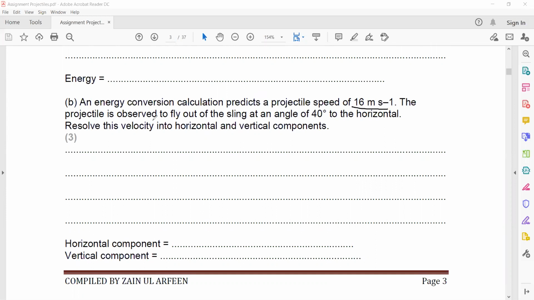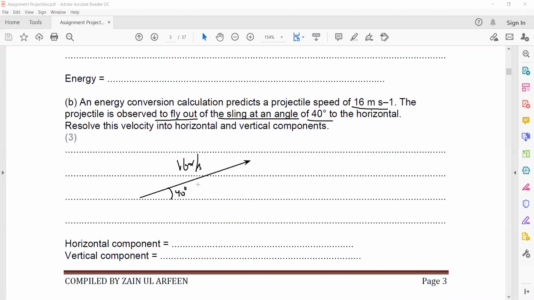The projectile is observed to fly out of a sling at an angle of 40 degrees to the horizontal. Resolve the velocity into horizontal and vertical components. So basically, the projectile comes out with a velocity of 16 meters per second, making an angle of 40 degrees with the horizontal. What is the horizontal component?